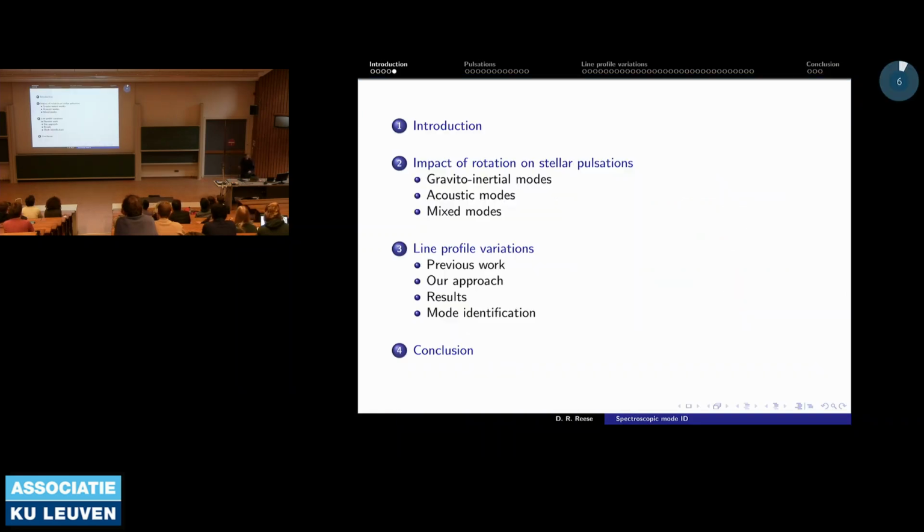Okay. So before describing line profile variations in rapidly rotating stars, I want to just give a general introduction on the effects of rotation on stellar pulsations. This will be a broad overview.